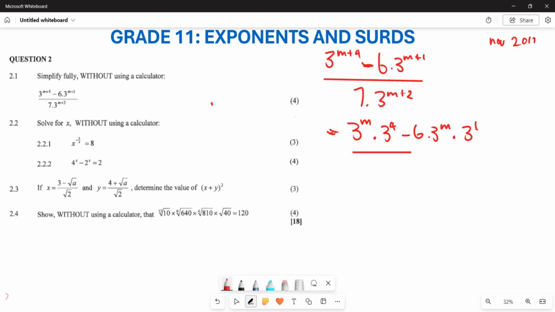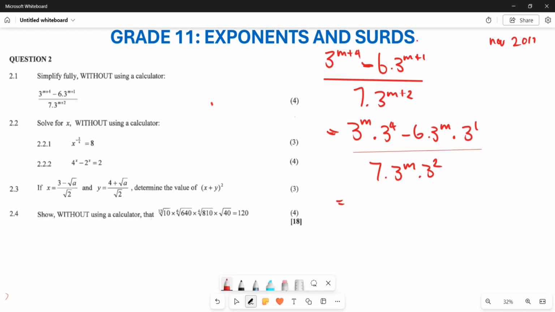Now this is divided by 7 multiplied by 3 to the power of m multiplied by 3 squared.